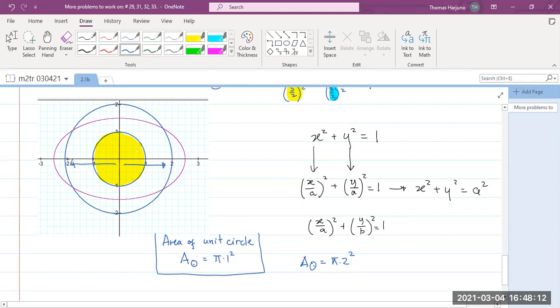When you stretch that by a factor of, let's say, 2 units horizontally, then that becomes an ellipse.